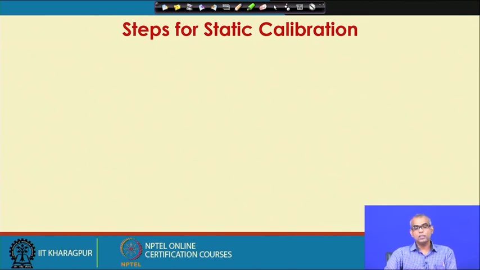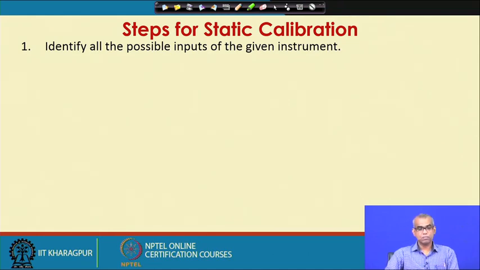So, how do I establish this functional relationship, or how do I calibrate an instrument? How do I obtain the static calibration? Let us talk about the steps for static calibration. First, for the given instrument whose static calibration we want to establish, let us identify all the possible inputs.